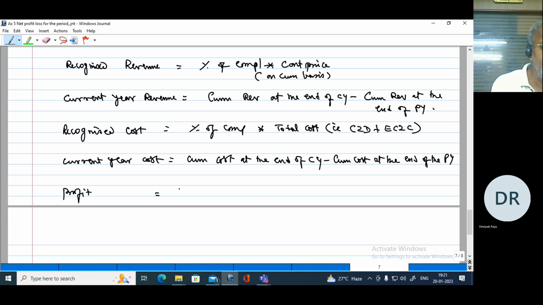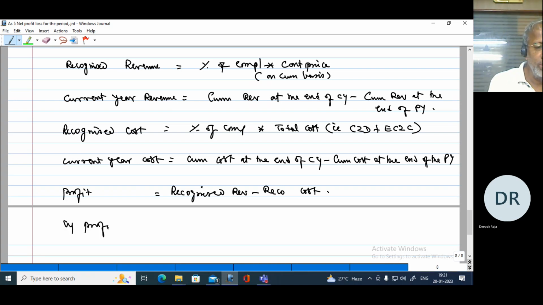Profit is equal to recognized revenue minus recognized costs. Current year profit is equal to current year revenue minus current year cost.